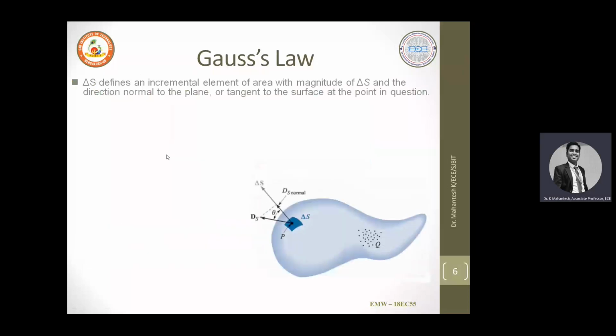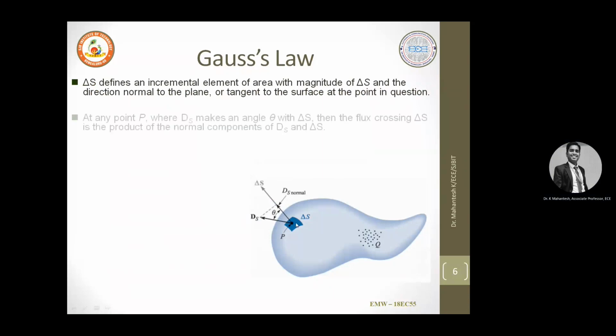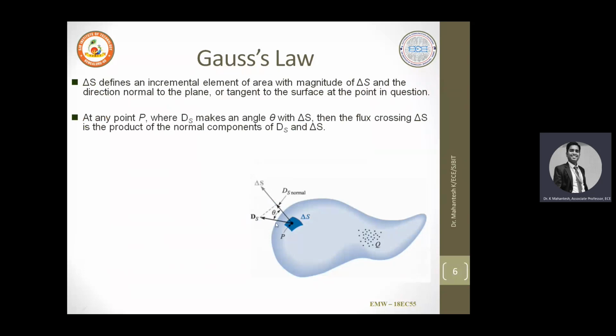So delta S defines an incremental element of area with magnitude delta S, and the direction is normal to the surface at the point in question. At any point P where D makes an angle theta with delta S, the flux crossing the small surface delta S is the product of the normal component of D and delta S.